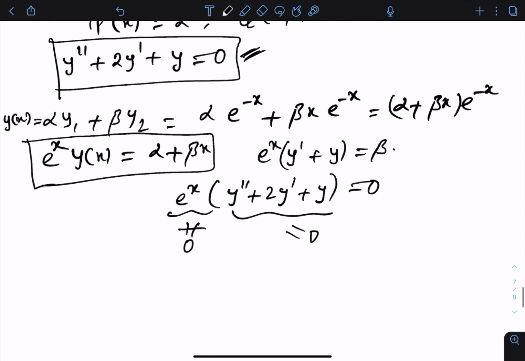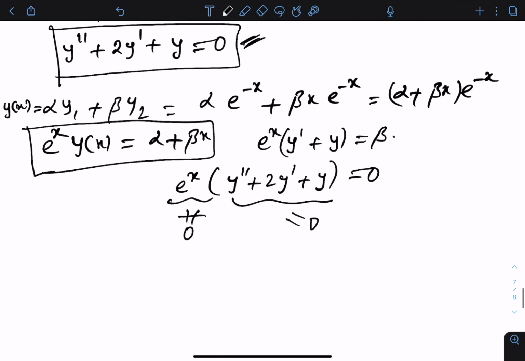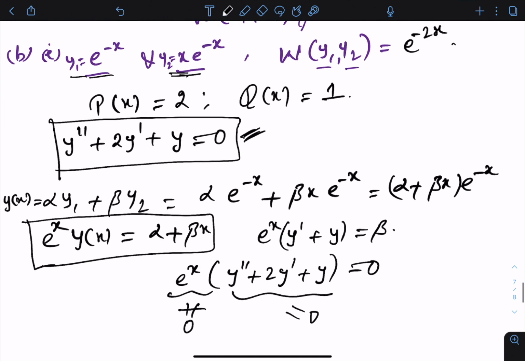There's also one more way, a little more clever way, that if you look at these two functions, this is e power minus x but with a polynomial multiplied, so they are linearly independent, of course. Now the other point is that this technique usually works only if your corresponding differential equation has constant coefficients, which we don't know a priori, but you can make a guess.